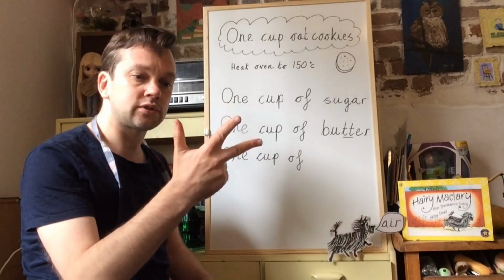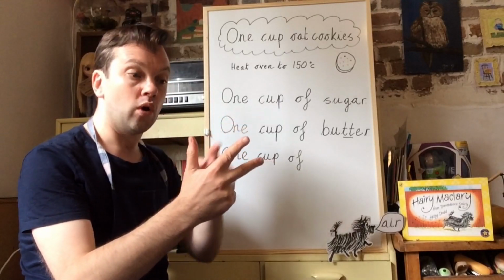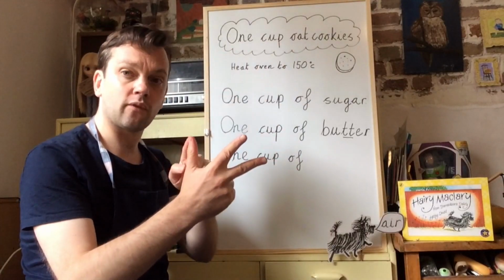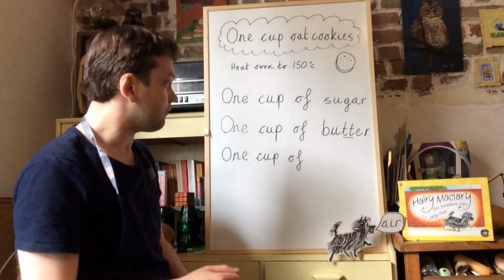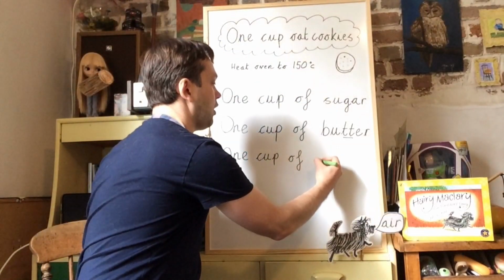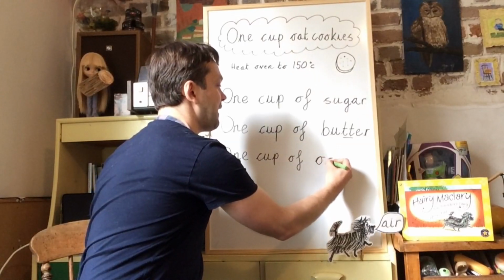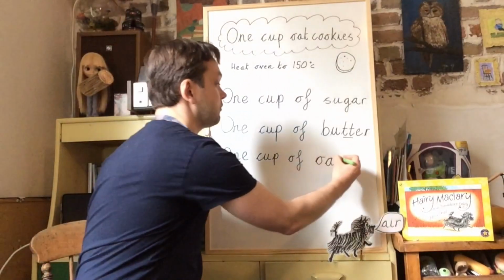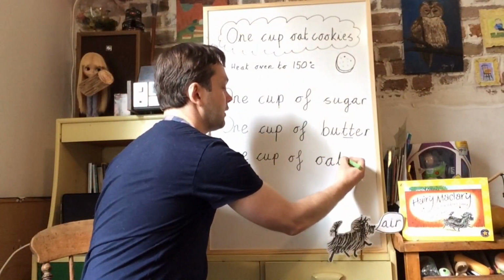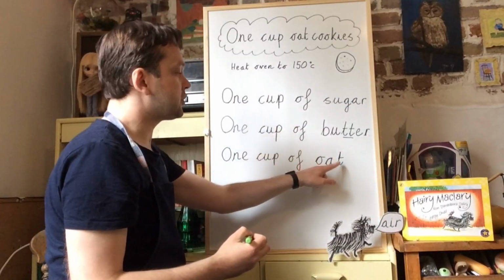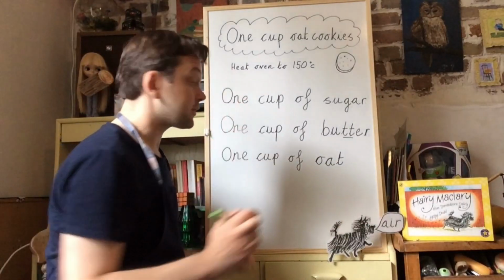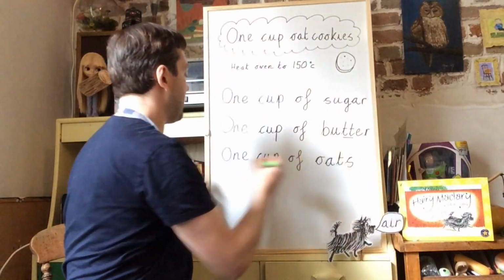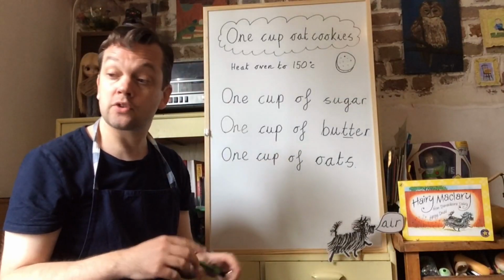Oats. O, T, and S. So first sound is O. The letters O and A. Then, yeah, T. S. Excellent. Full stop at the end. So 1 cup of oats.